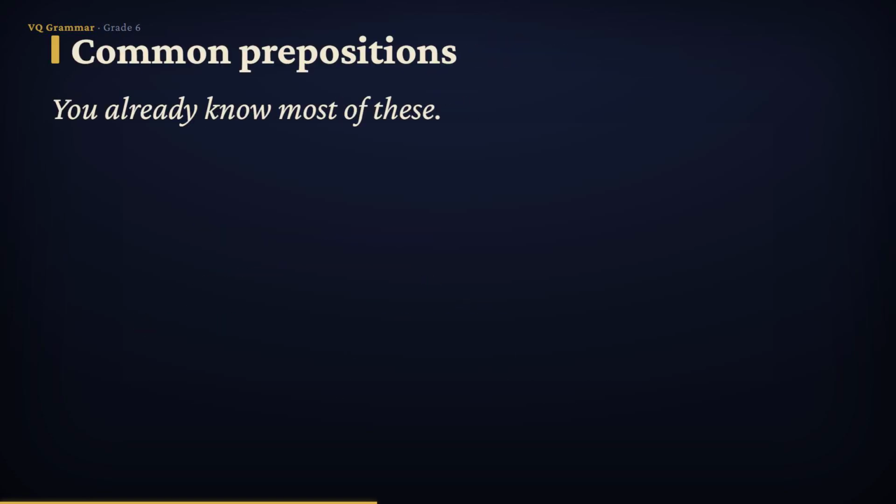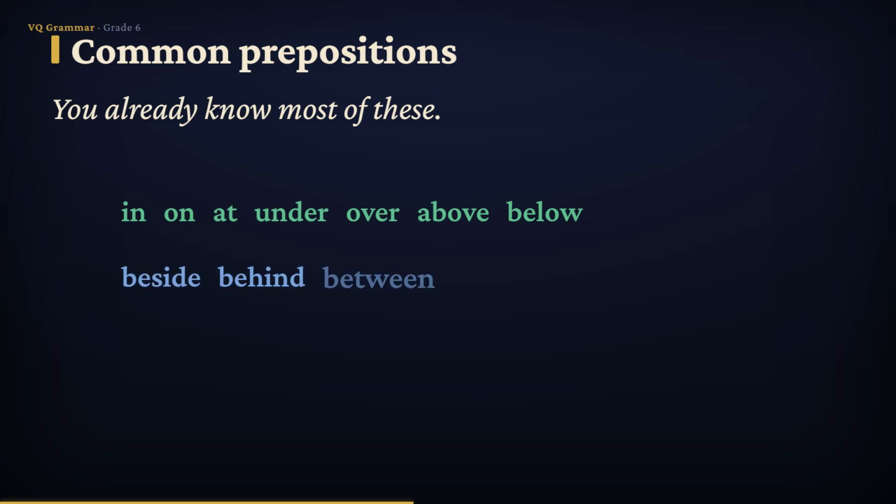Here's a handful of the most common prepositions, and I bet you already use every one of them. There are the position words: in, on, at, under, over, above, below. There are more position and place words: beside, behind, between, near, and through.